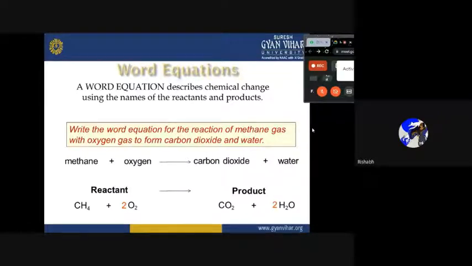CH4 is the formula for methane, and oxygen in molecular form is O2. So we have 2 moles of O2 and 1 mole of methane, and the products formed are carbon dioxide, CO2, plus 2H2O. This is an example of a chemical reaction equation.